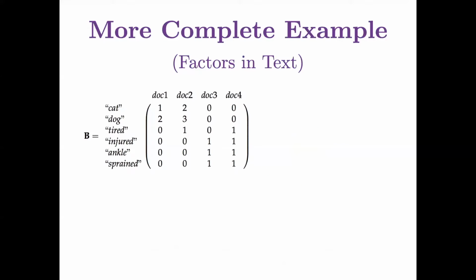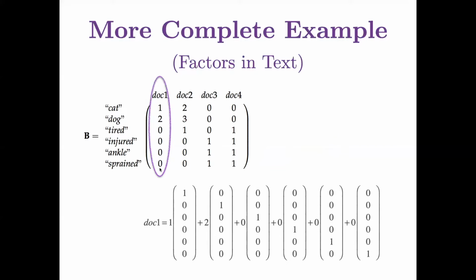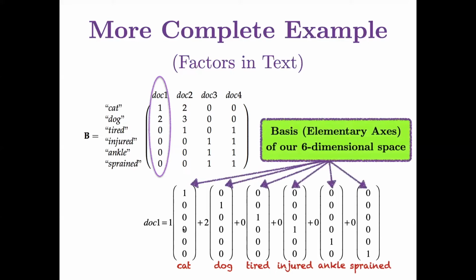Now, each of our observations begins as a point in 6-dimensional space, which means that it has 6 coordinates along some basis. Here, that basis is cat, dog, tired, injured, ankle, sprained.